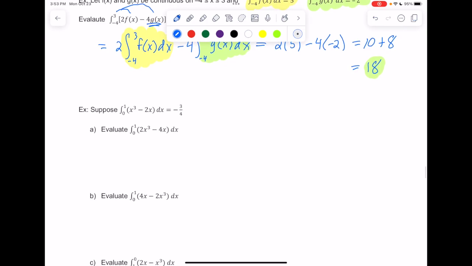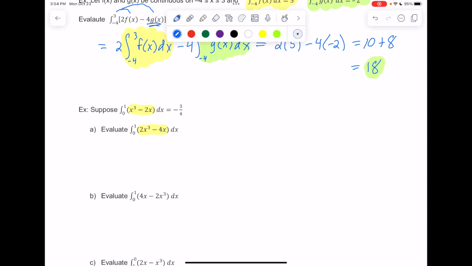Suppose the integral from 0 to 1 of x cubed minus 2x dx is equal to -3/4. Then how about the integral from 0 to 1 of 2x cubed minus 4x? So what we need to notice here is that the inside piece of this one is the same as the inside piece of the one they gave us, except for just one thing, there's a 2 there.